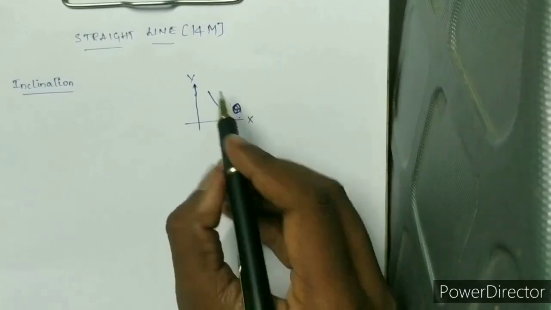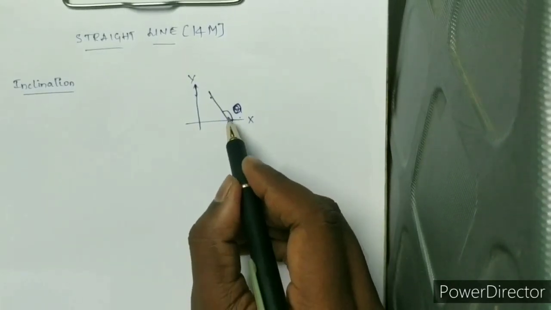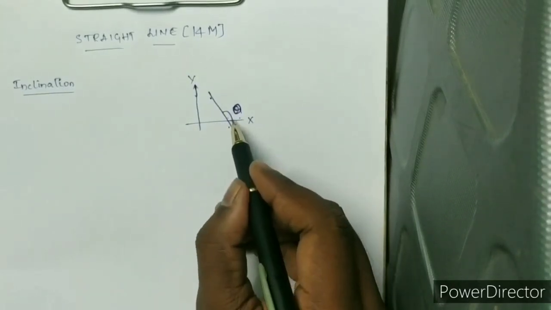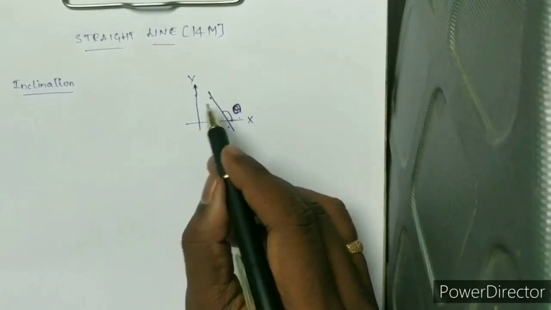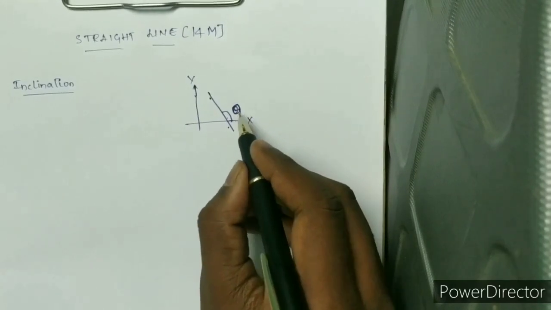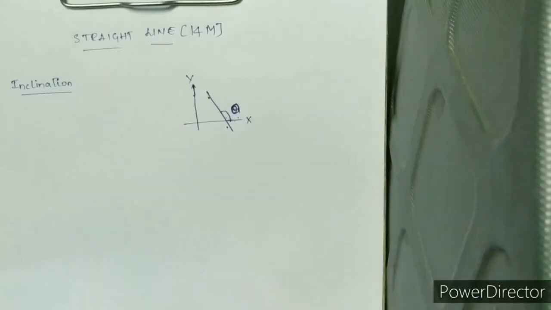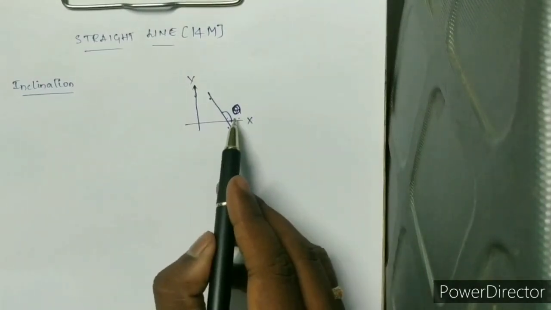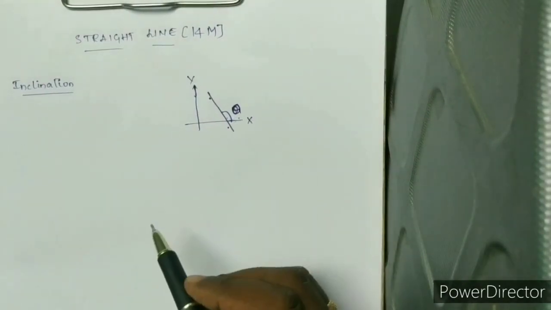This line is inclining with the x-axis. If this is measured in the anti-clockwise direction, it will be taken as positive. This theta is known as the inclination with respect to the x-axis.